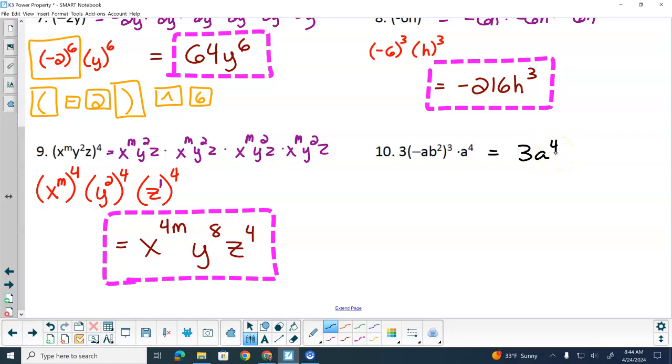So that's this one and this one. Then negative a is being taken to the 3rd power, and b squared is being taken to the 3rd power, because those are being controlled by an exponent. Correct? Okay. Negative a to the third power.